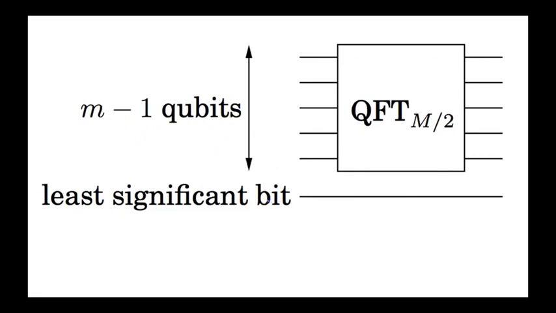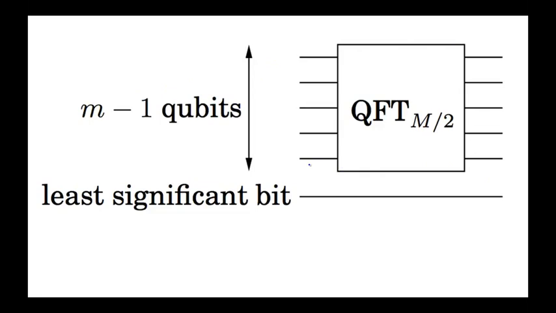So we want to take everything with least significant bit equal to 0 and apply a quantum Fourier transform to those inputs, and take everything with least significant bit equal to 1 and apply a quantum Fourier transform to those. But remember, all we have to do quantumly to make this happen is take the least significant bit and leave it out of the circuit, and apply a quantum Fourier transform to these m-1 qubits.